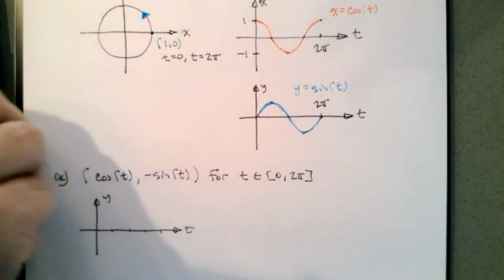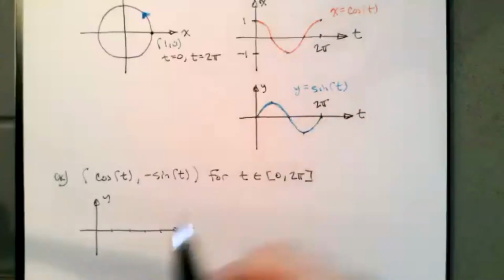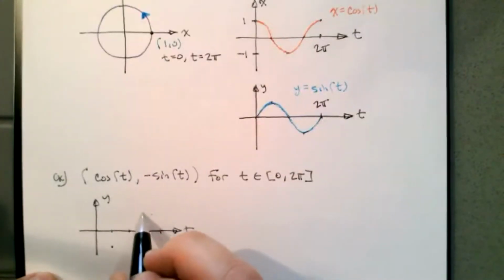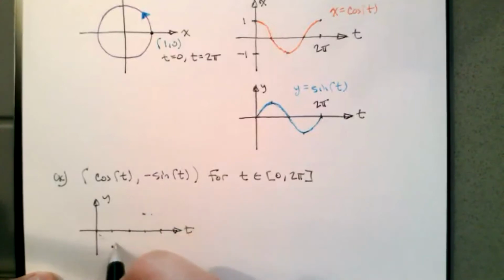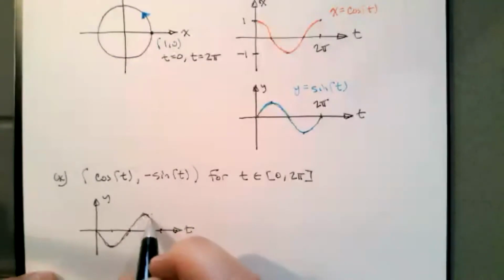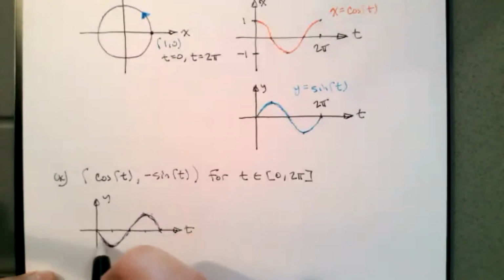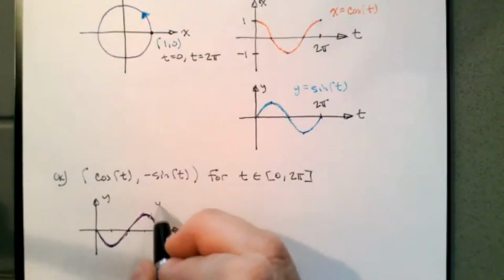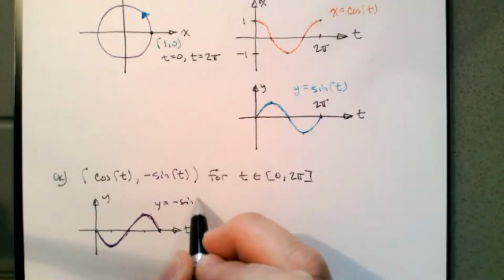So instead of going up, down, and then up again, it will still start off at 0, but it'll go down and then up and then down again. So here, y is now negative sine of t.